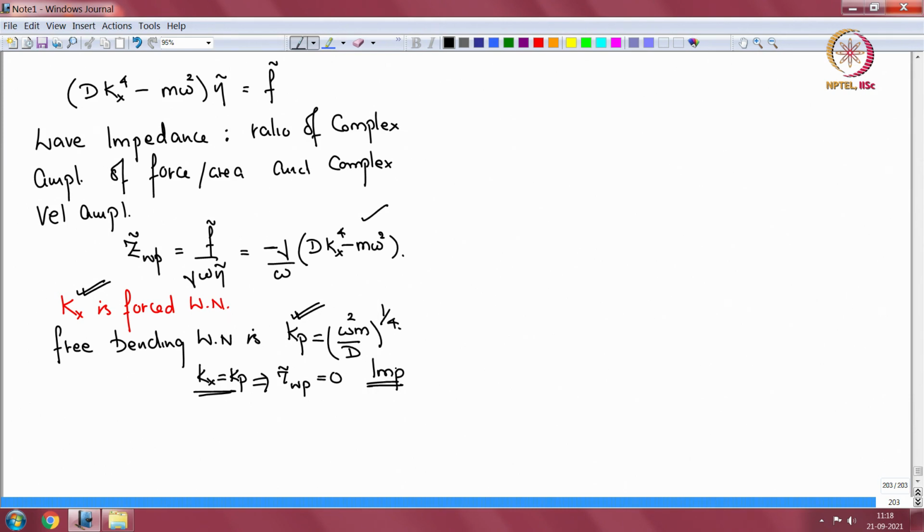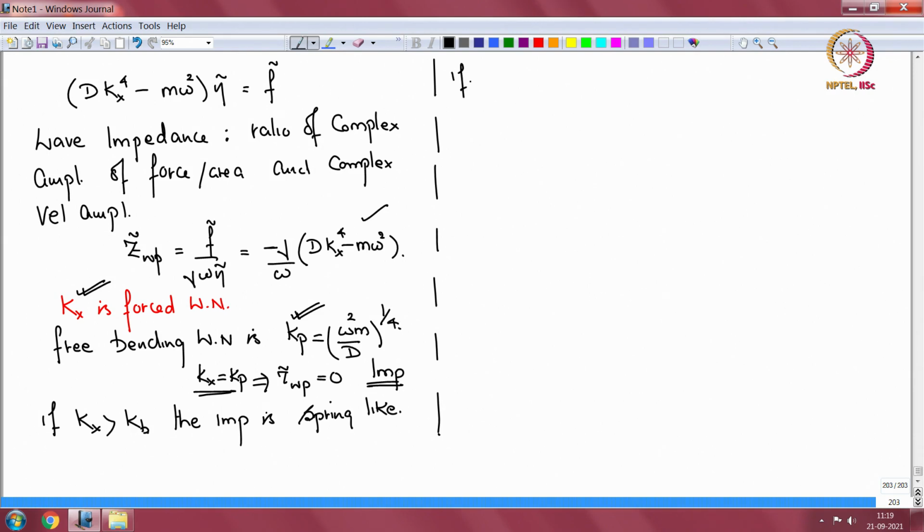Okay. Further, if kx is greater than kb, then the impedance is spring like, whereas if kx is less than kb, then the impedance is mass like.